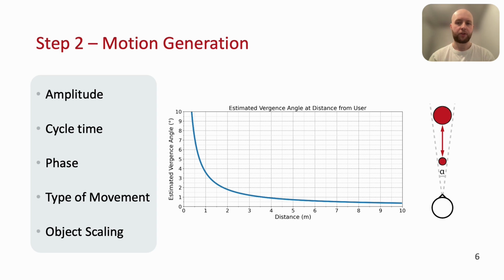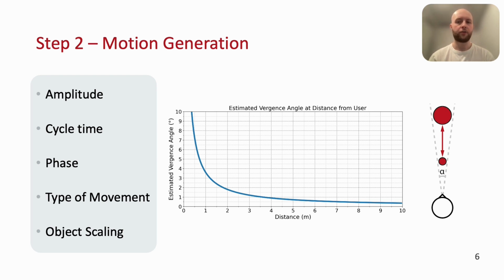And as vergence movements are one-dimensional, they are defined by the following characteristics. First, the amplitude of the vergence eye movement is non-linearly correlated with object distance. This means that you require larger motion amplitude for distant objects to induce the same vergence movement. To account for this and aid matching, object distances are translated into the expected vergence angle.